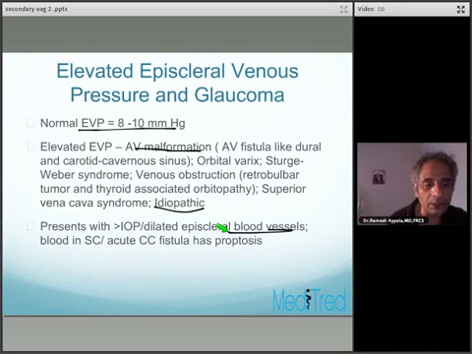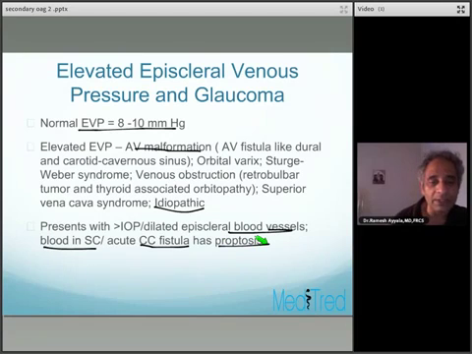If you do gonioscopy in these patients, you will see blood in the Schlemm's canal, and especially if this situation happens acutely, such as in acute CC fistula following trauma, the patient may have proptosis and may also complain of a buzzing sound in the head. In fact, I recently had a patient who woke up suddenly in the middle of the night with a buzzing sound on her right side, and that did not go away.